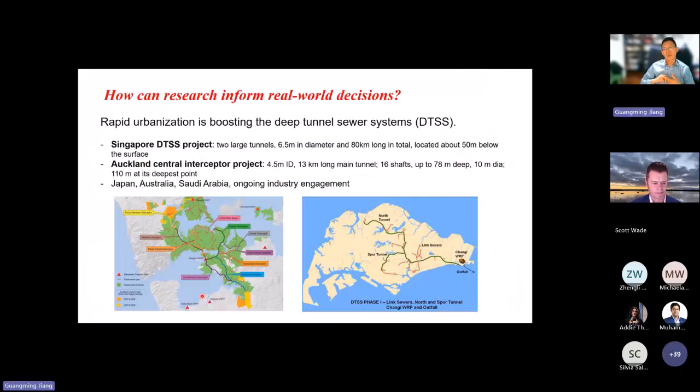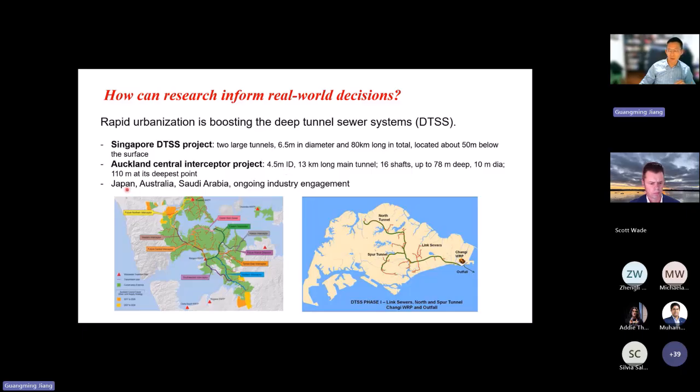Just the last aspect I want to talk about is how we inform real world decisions with our research. Like I said, I provide this kind of corrosion test for many large sewer projects like the Singapore DTSS project, which is very large pipelines, 80 kilometers long, and also in Auckland, New Zealand as well.